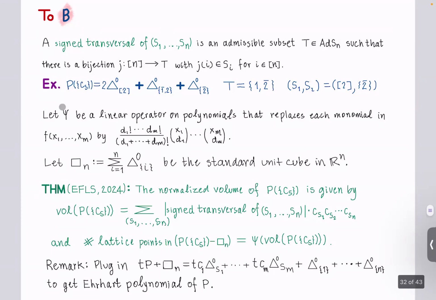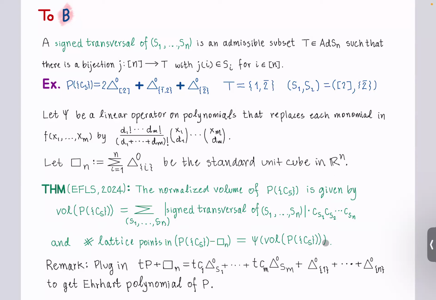And they define a linear operator on polynomials. Let me define this cube subscript n to be the standard unit cube in R^n, and they give the volume formula. So this is a volume formula, and they give the lattice point formula inside P minus this cube here to be the transformation of this volume.